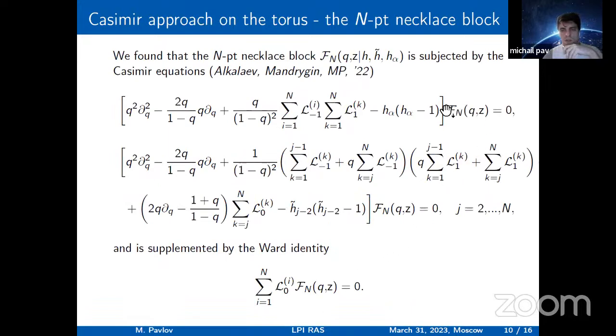So this is a system of n equations for a function of n insertion points, denoted by z, and the modular parameter q. So we have a function of n plus 1 variables, and it should be supplemented by the Ward identity. So we have a system of n plus 1 equations for a function of n plus 1 variables.